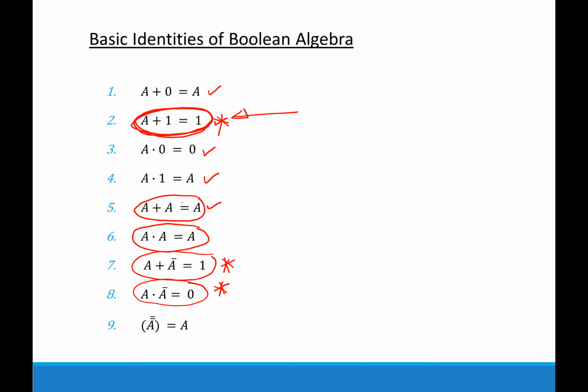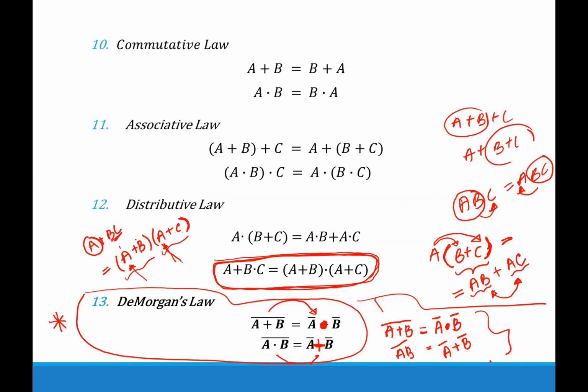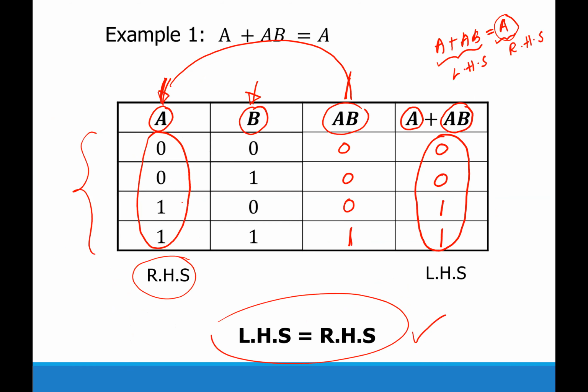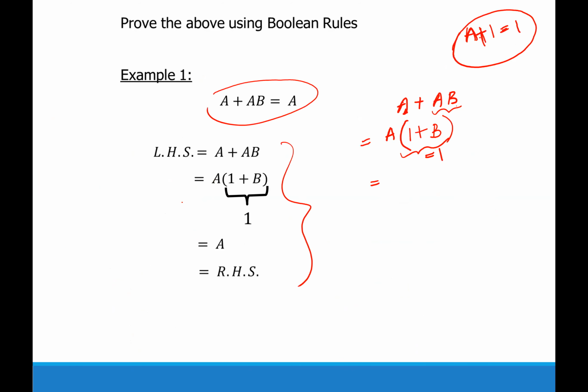So to simplify these Boolean expressions, we use those results. That's why I told you that you need to remember those rules. Those are really important. If we add 1 to any variable, the answer is equal to 1. So you will get A times 1, and we know that if we multiply any variable by 1, the final answer is equal to A.